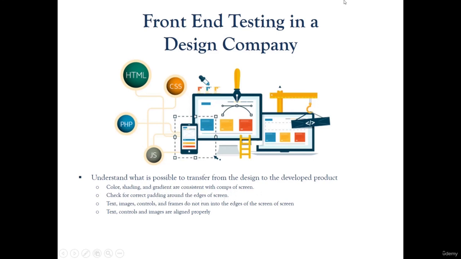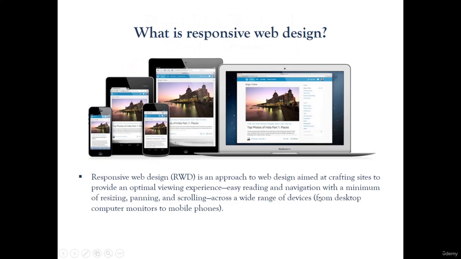The look and feel should be properly aligned; the text, images, controls and frames should not run into the edges of the screen. In this illustration, your design should be elegant and have all these things as described in the text.